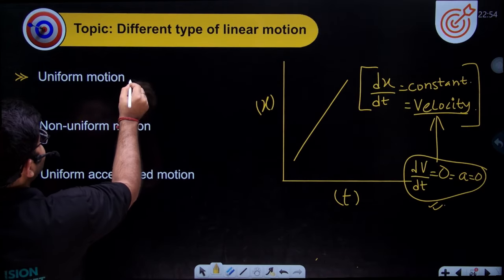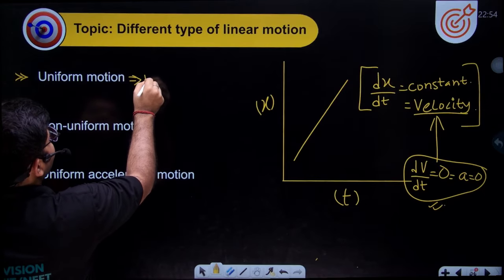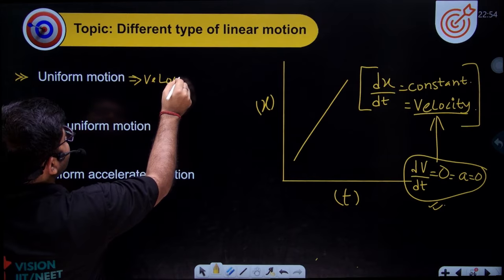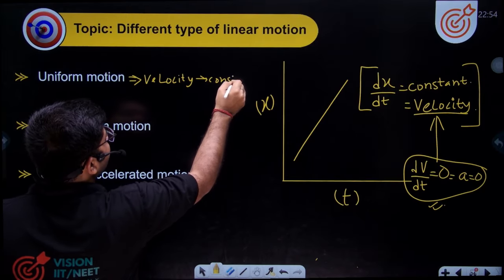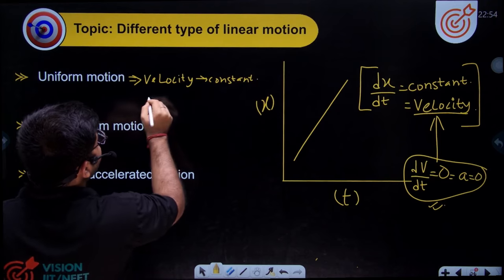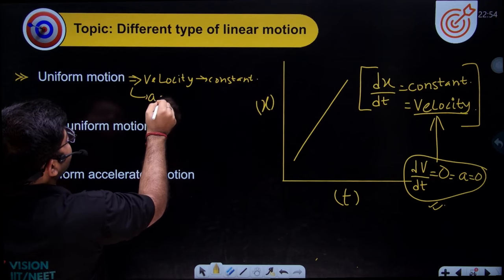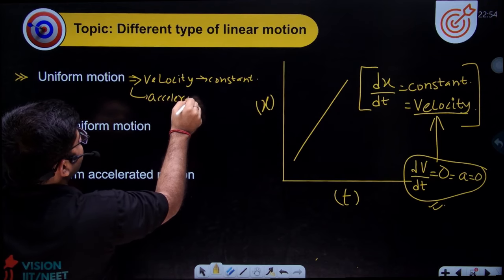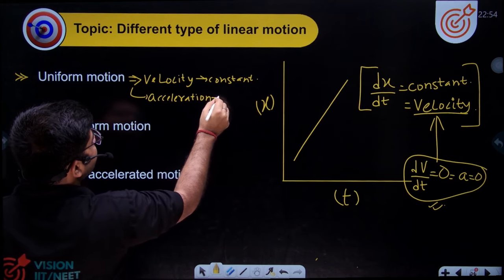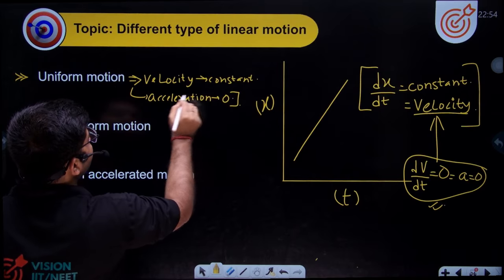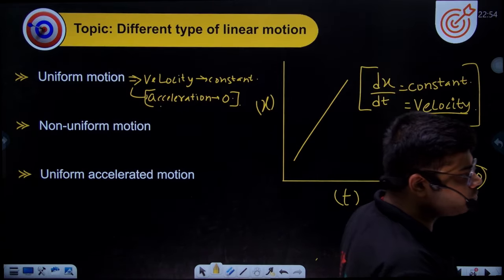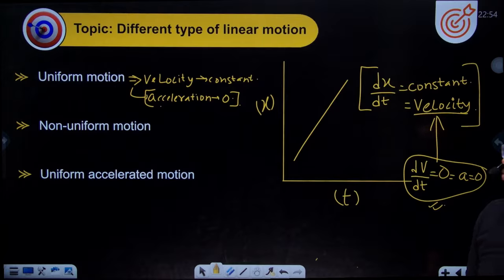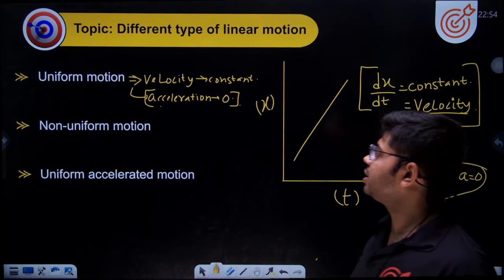I can say that uniform motion will have constant velocity and another thing is acceleration should be 0. This is what we can say about uniform motion.